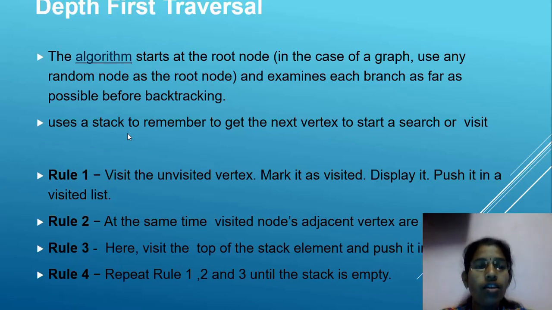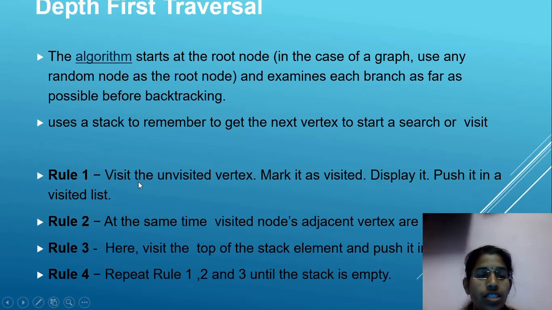We have four steps followed in depth first traversal. The first step: visit an unvisited vertex. Here you choose any unvisited vertex, mark it as visited and push the visited node into the list. The list name is the visited list.